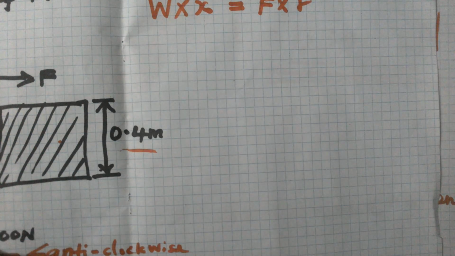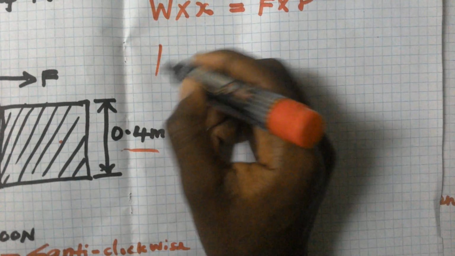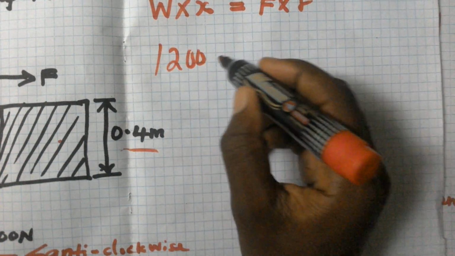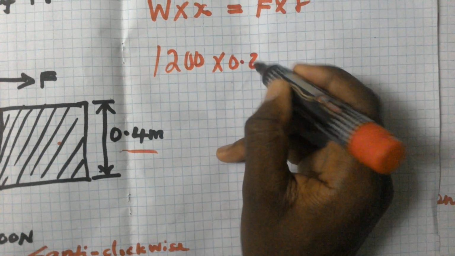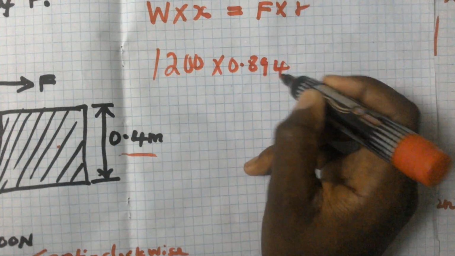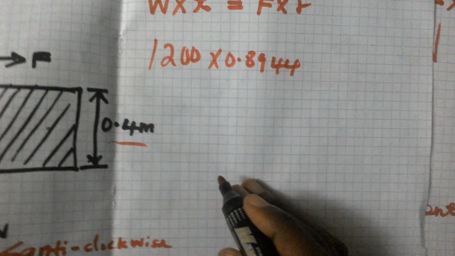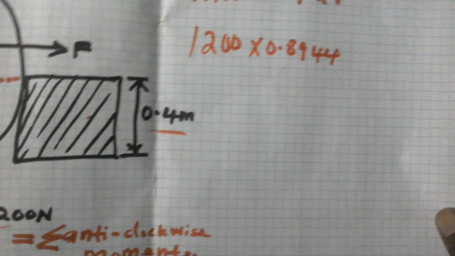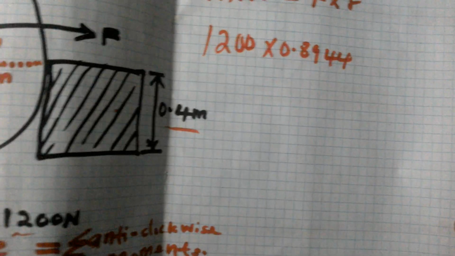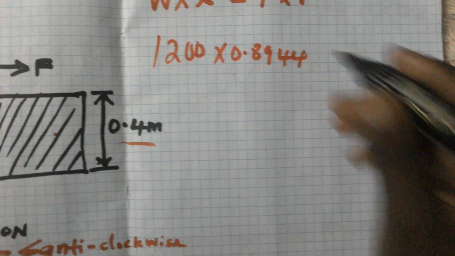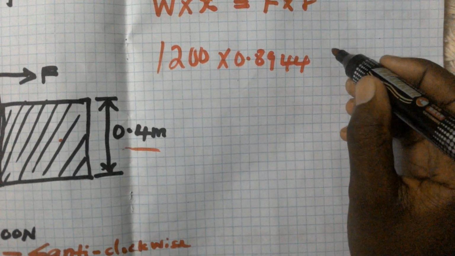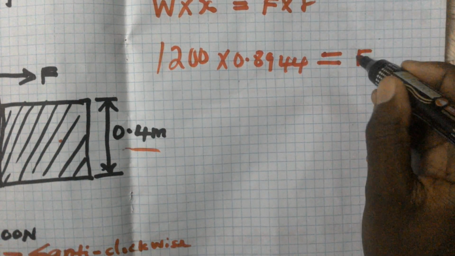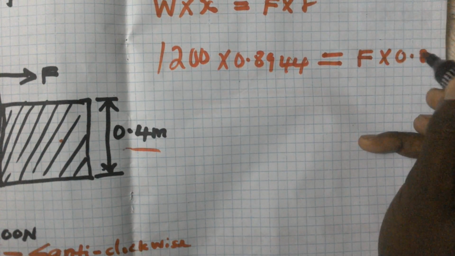Now our W is 1200. So 1200 times 0.8944 should give us F times 0.8.